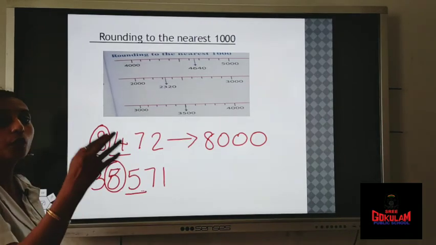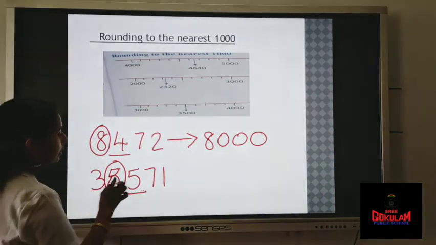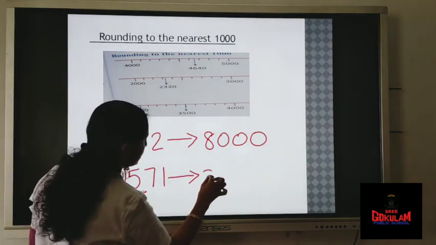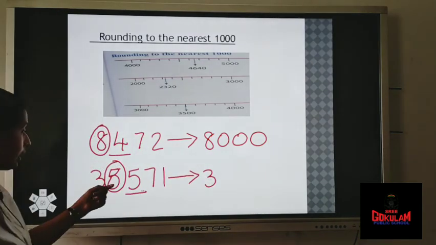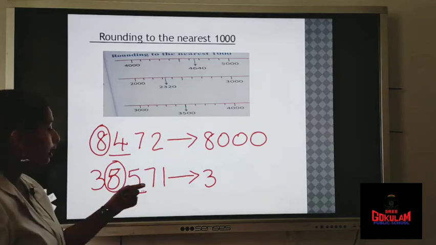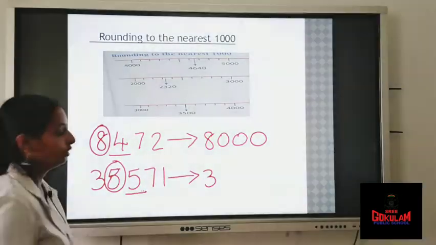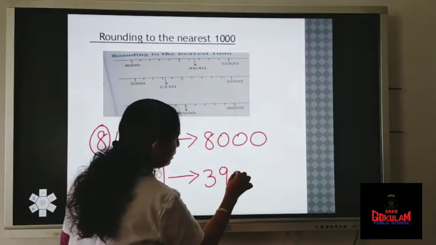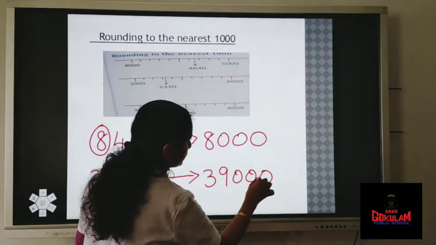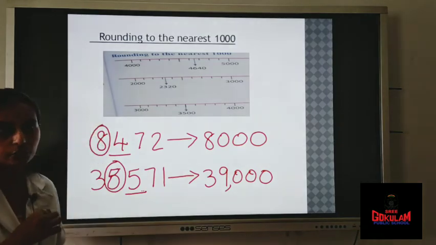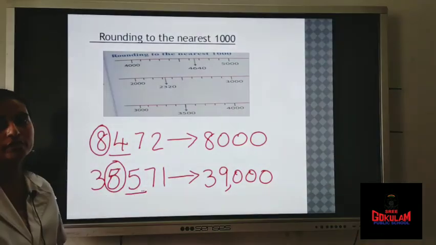So we have to round up. And 3, we can write the same 3. And 8 will become 9. If the number is 5 or above, we have to add 1000. So 8 will become 9. Then the other places we can put 0. So 39,000.